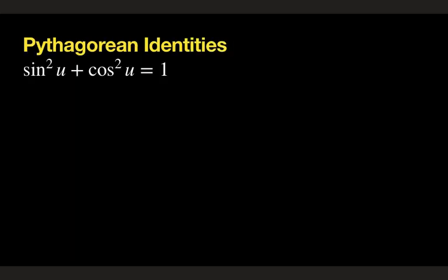From this problem, you're able to derive the rest of the identities. The first thing that you could do is divide everything by sine square u. Now, sine square u divided by sine square u is going to give you 1.